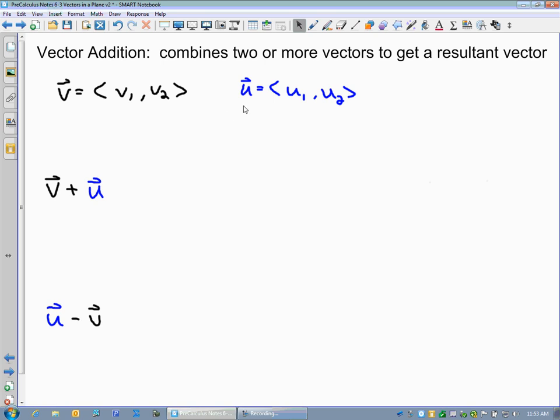Starting out with v plus u, let's say this is vector v, and this is vector u. They're both starting at the same point, in standard position, and this is the origin.